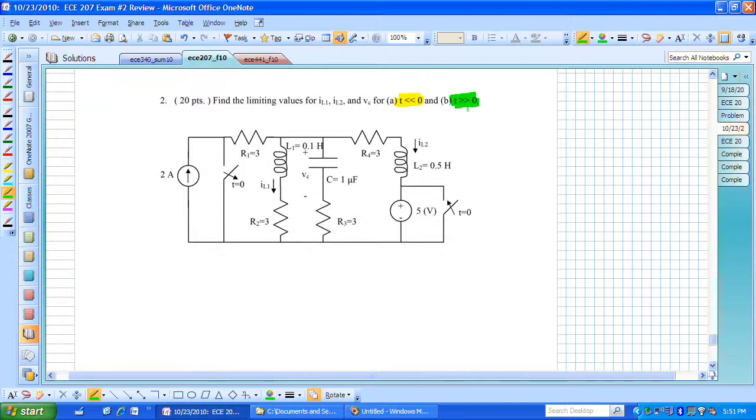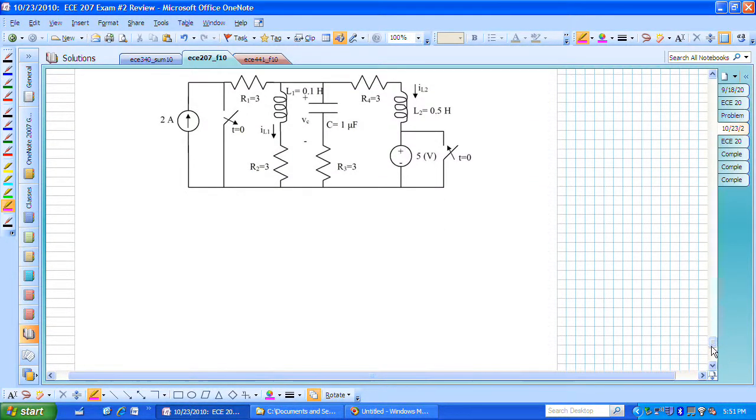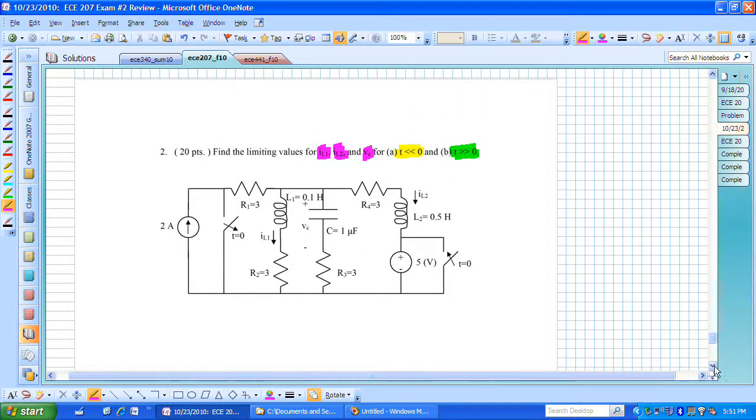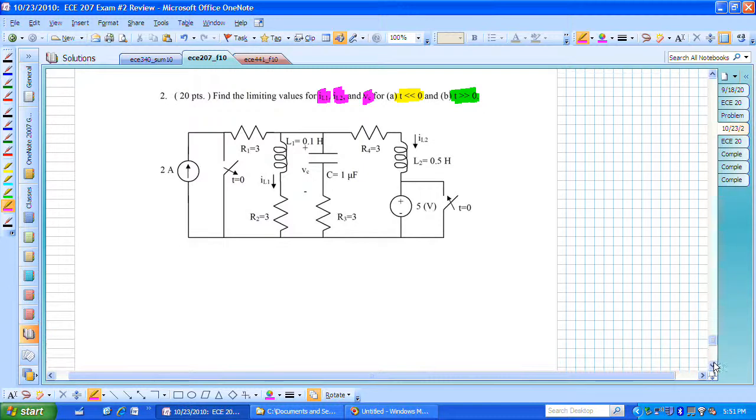And we'll look at what happens with these particular variables as t gets large, or in steady state condition. So we have two different circuits, and they're both going to come about when we look at the switch in one of two states, and the state is changed at t equals 0.